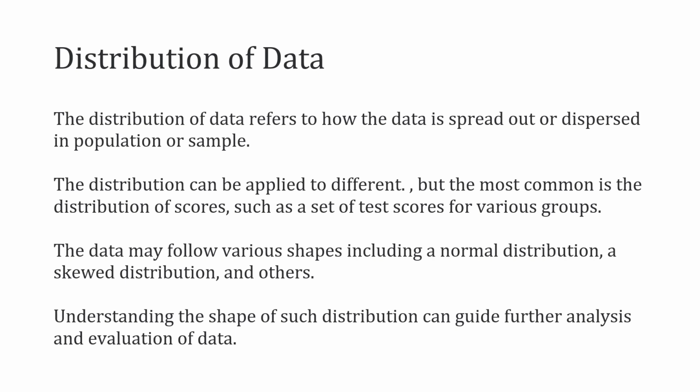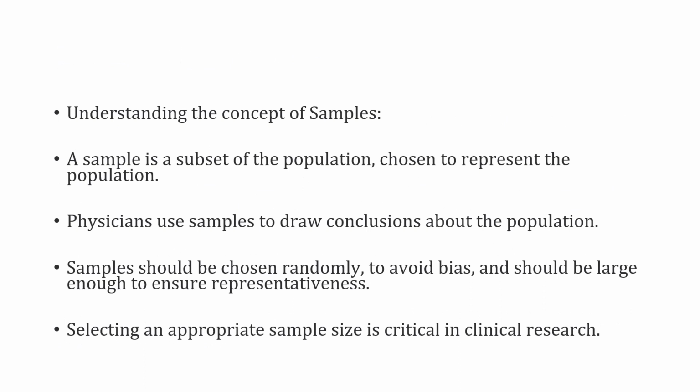So the data may follow certain shapes, which means that a few people will get low scores, a few people will get very high scores, but the majority will get average scores. Understanding the shape of such distribution can guide further analysis and evaluation of data.